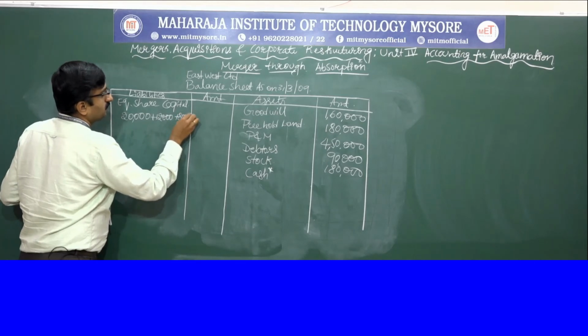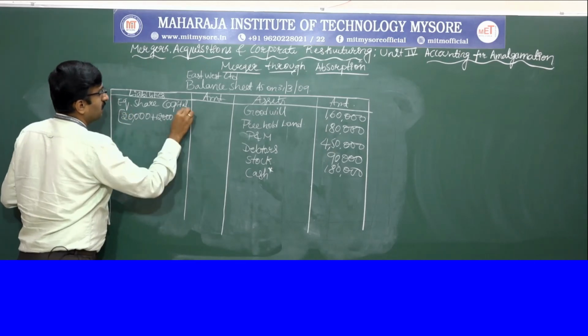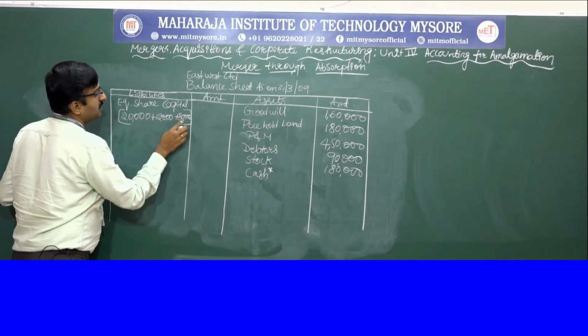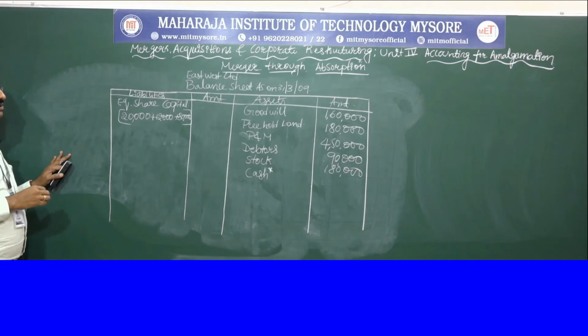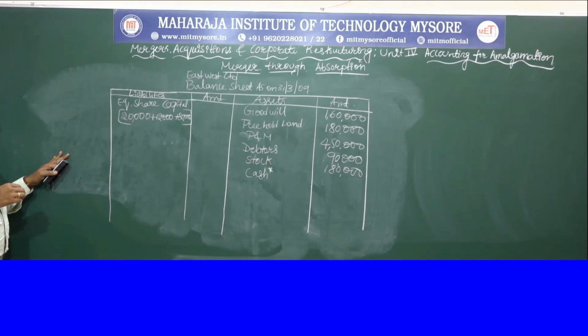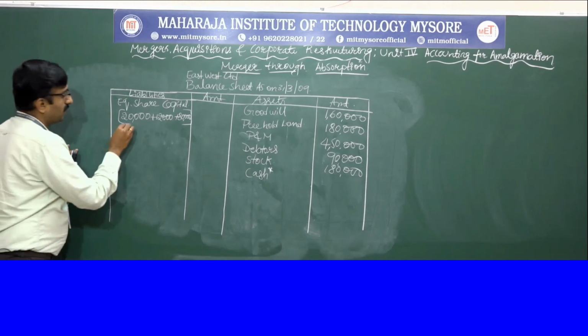So 20 plus 12 plus 80,000 all together is 1,12,000.